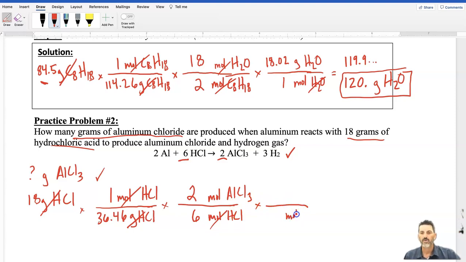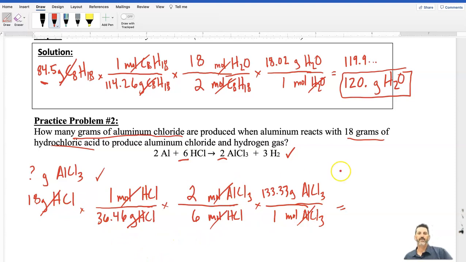I want to put moles of AlCl3 on the bottom, and I want to convert that back to grams of AlCl3. So 1 mole of anything equals the mass off the periodic table. This one, if I add up aluminum and 3 chlorines, I get 133.33. Okay, I'm going to cancel that and cancel that.